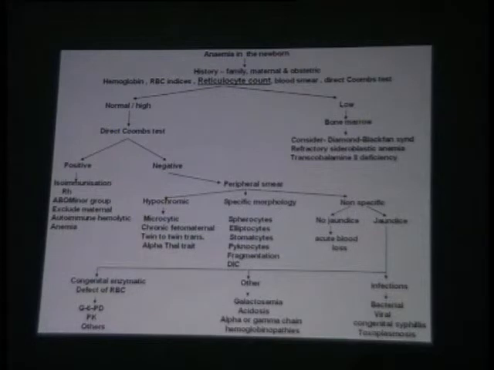If the peripheral smear is showing you hypochromic microcytic cells in a newborn, imagine microcytosis in a newborn is definitely some problem. Maybe due to chronic iron deficiency in the mother or the baby is bleeding in utero. However, you must rule out other causes of microcytosis.